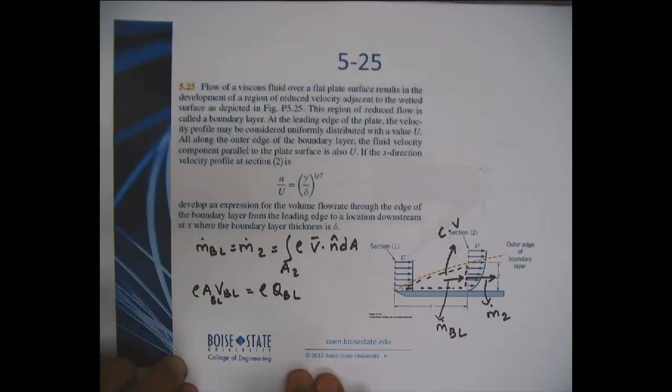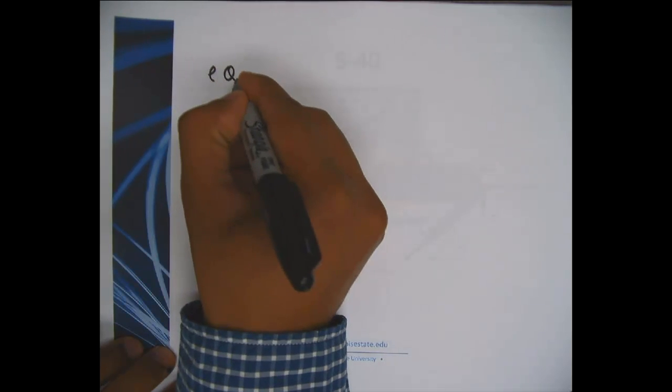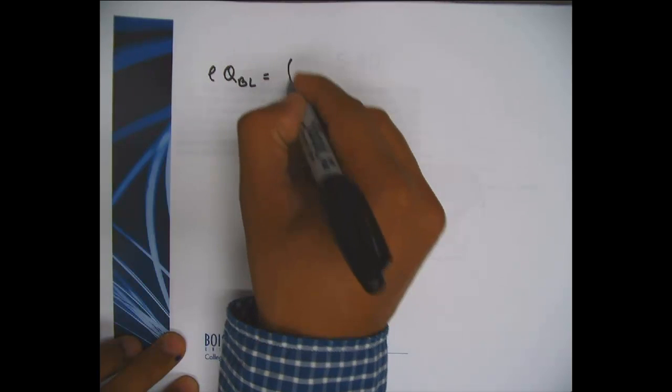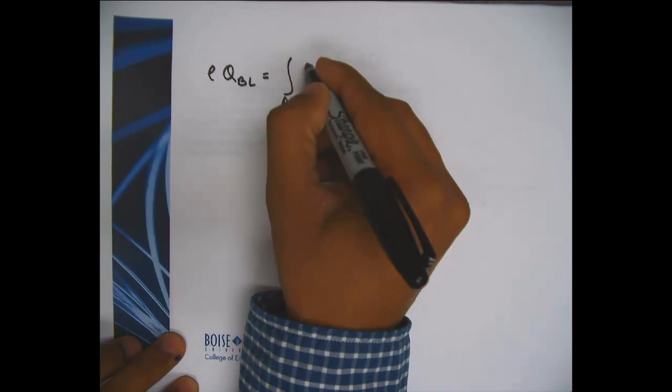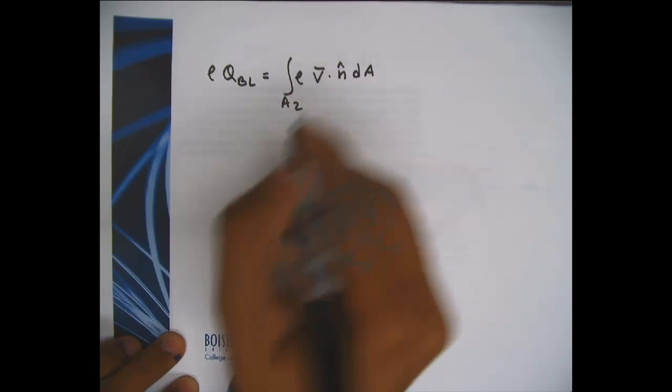Let me write it on another piece of paper here. So rho Q BL is equal to the integral over A2 of V dot n dA.